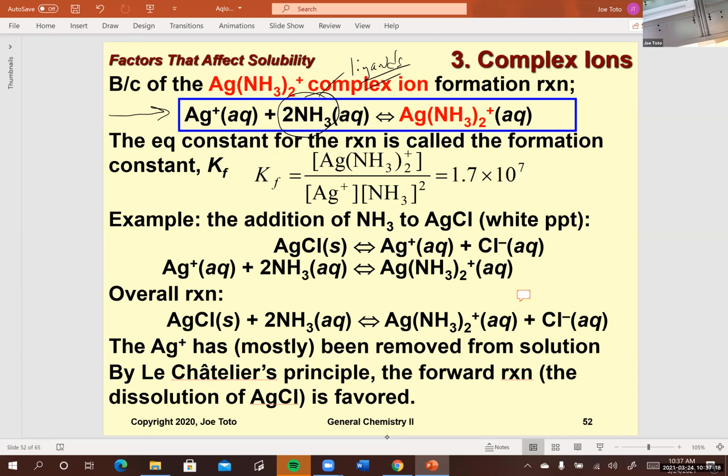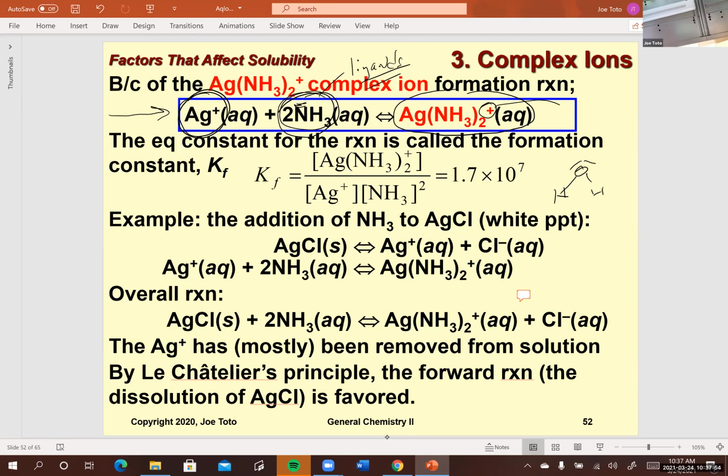But it's good enough to just write this for now, saying that some metals form complexes with non-metal groups, usually something with a lone pair of electrons like a nitrogen. Oxygens have lone pairs of electrons like water, and so forth. And they form these complexes that are ions, and therefore they're dissolved in solution.